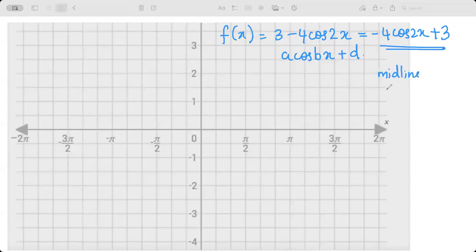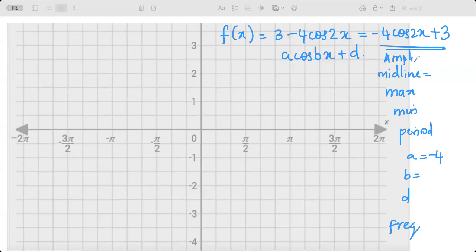Midline, max, min, period, A, B, D, frequency. First, let me write out A. A factor is minus 4. Amplitude is clearly 4. B factor is 2. D factor is 3.